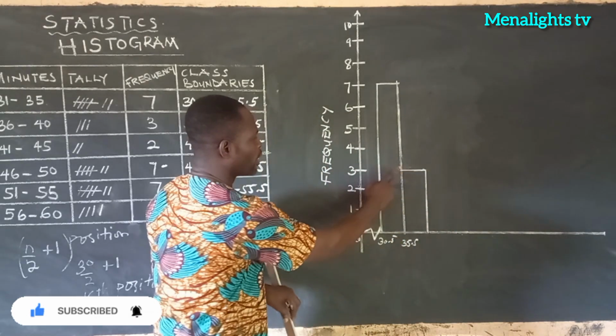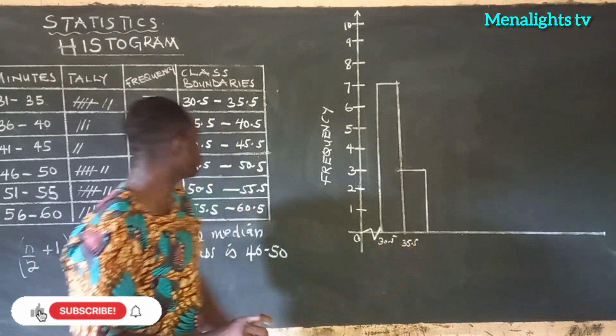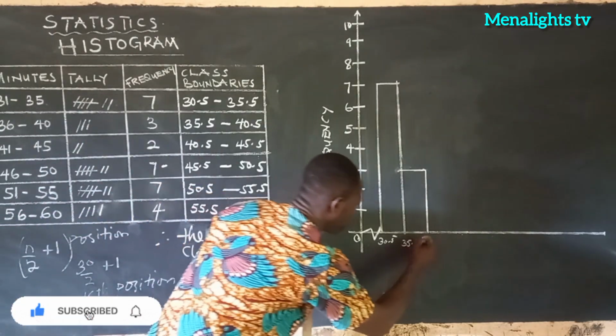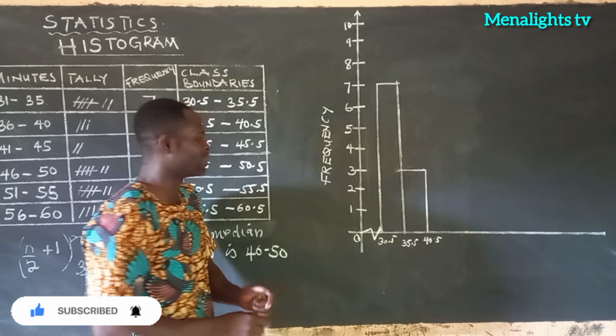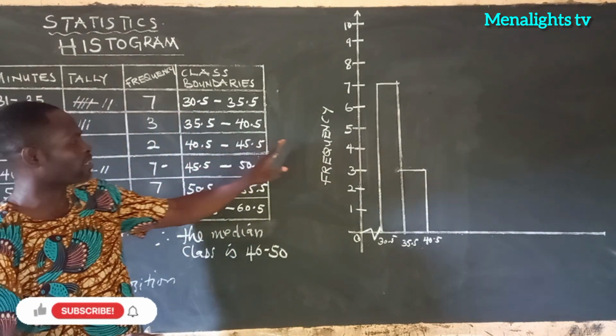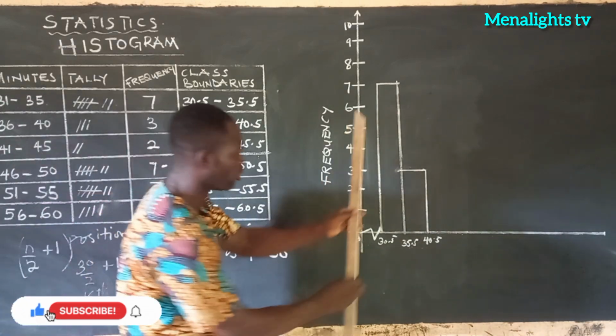So the bars are joined to each other. So from 35.5 to 40.5. So here we have our 40.5 here. Then from 40.5 to 45.5 has a frequency of 2. So the same way you draw it.